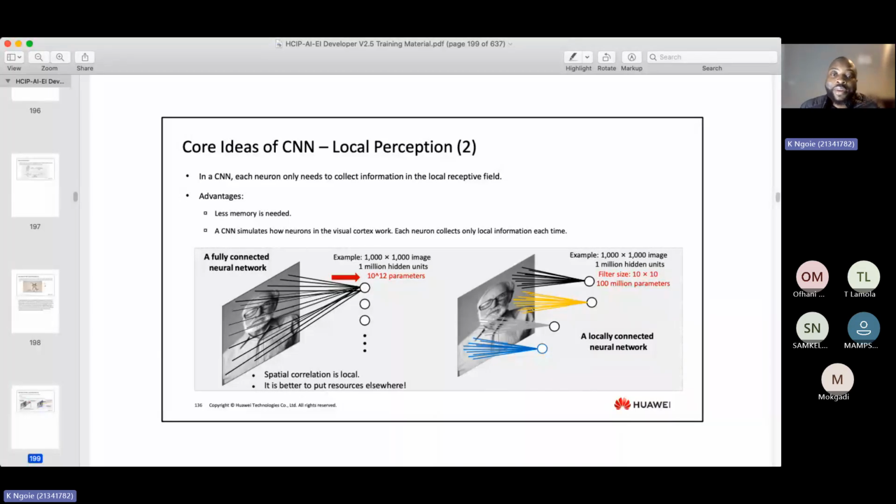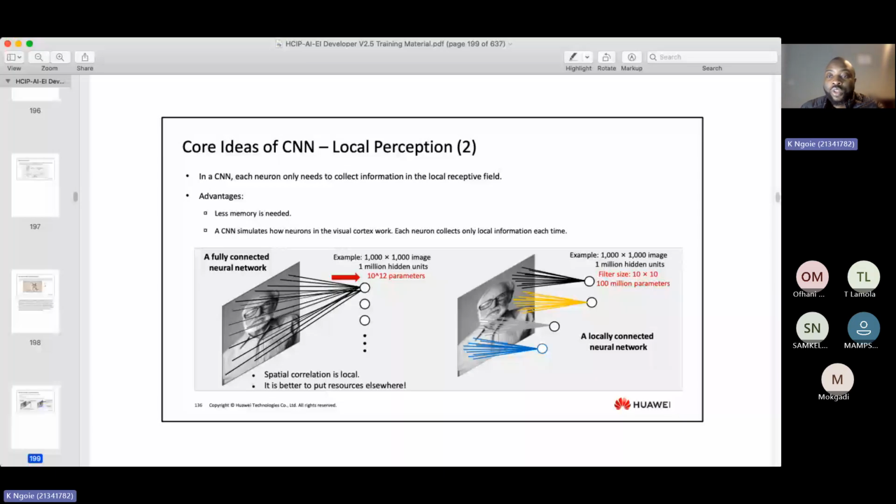Now to be realistic, let's say this picture is 1000 by 1000. It means we have 1,000 times 1,000, which is 1 million nodes in the input layer, and each node has the information of one pixel. The correlation between those pixels will form the full image.